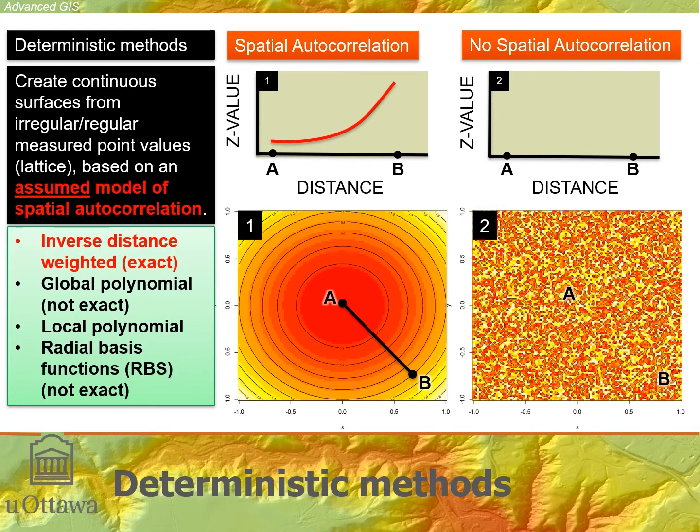So if we now look at the same transect from A to B, and we look up here at the graph, that's what it looks like. It's just showing random variation between A and B. Sometimes it goes up and then it goes right down, up and down, up and down, quite frequently.